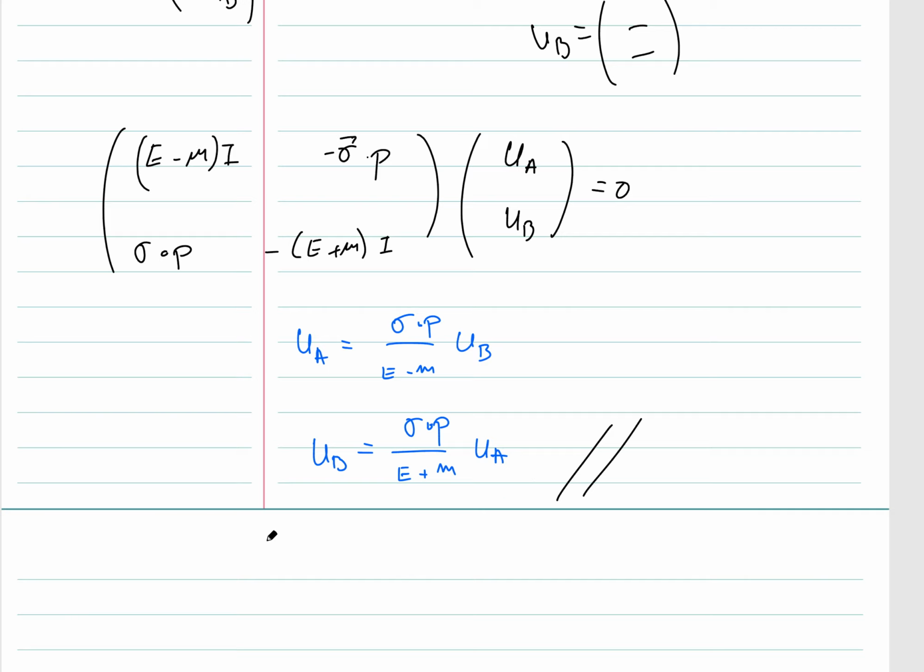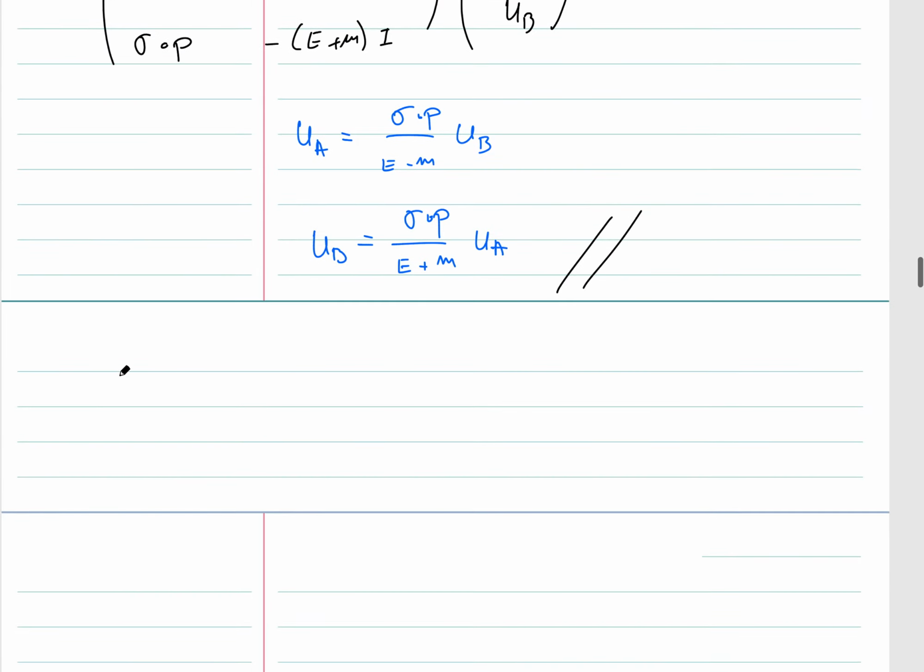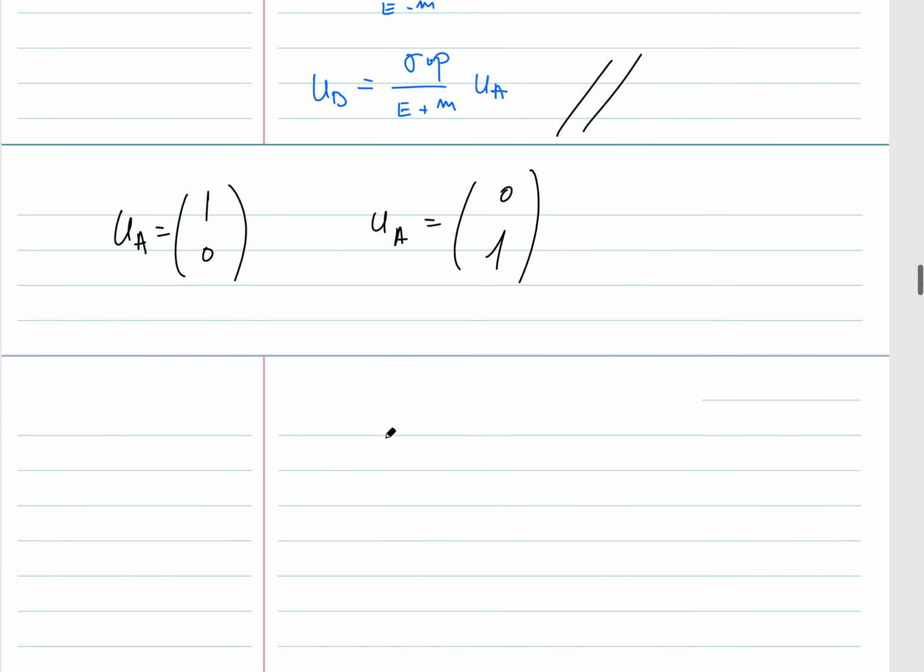So the simplest one would be to take UA as (1, 0) and UA as (0, 1). So these are 2 bases that are orthogonal to each other, so 90 degrees. Now let's start with UB.